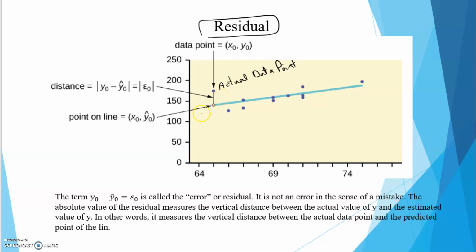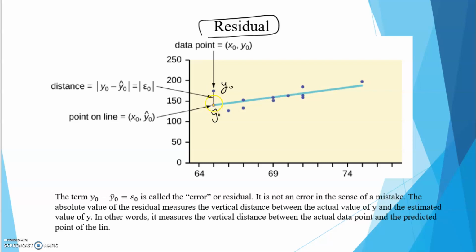Okay, so we call this data point right here y sub 0. And we call this data point right here y hat sub 0. This data point right here, anytime you've got a value on the line, it's going to have a little bit of error to it most of the time.